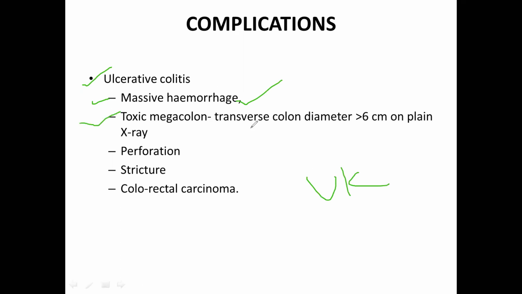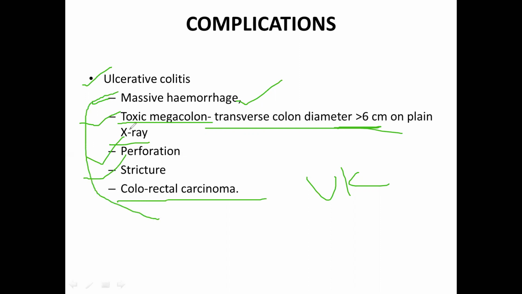Then toxic megacolon, which we have already seen: the transverse colon diameter is usually more than 6 centimeter on plain X-ray. Then perforation, stricture, and colorectal carcinoma. All these complications we have already discussed in the previous part under pathology.